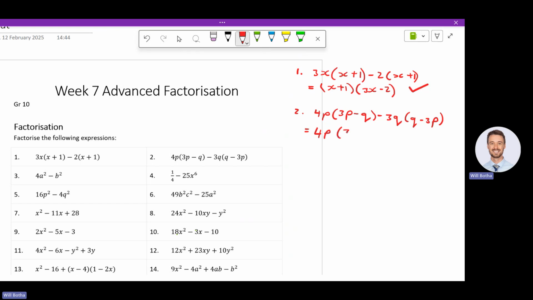So what I do is I always leave the first bracket as is. I'm going to change that sign, and that will then change those two's order. So I change this sign to positive, and then the order changes in here.